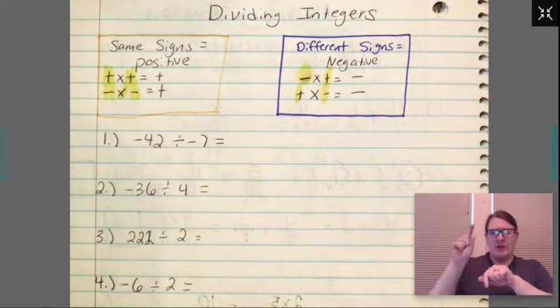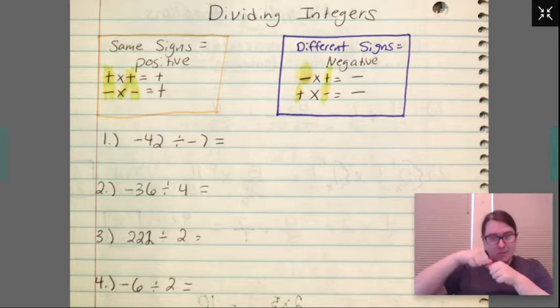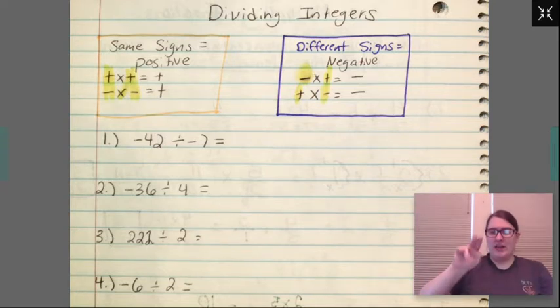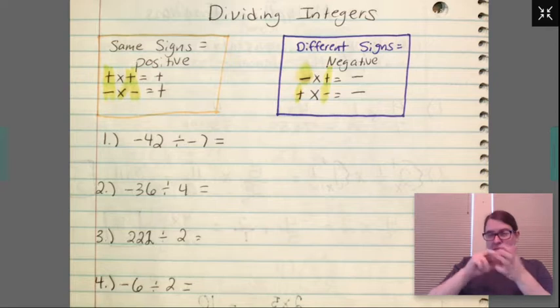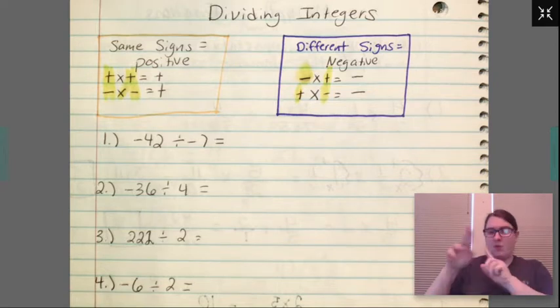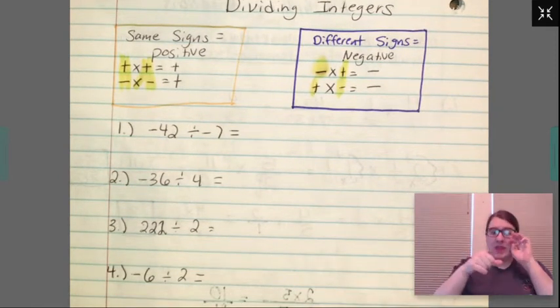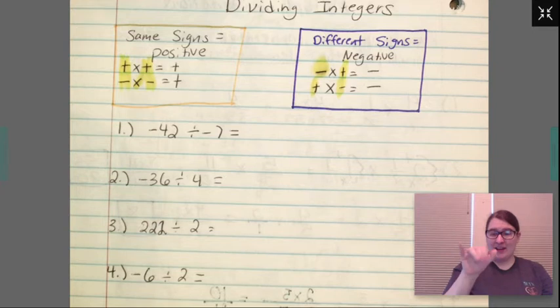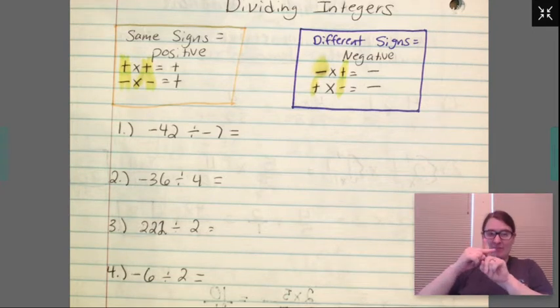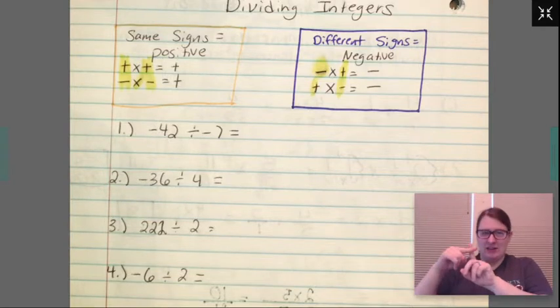Today we're going to be working on remembering how to divide integers, which means they're either negative or positive numbers. Okay, the first thing to remember is same signs, like, then it's positive.